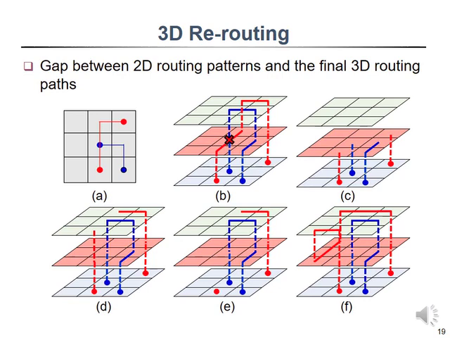Here is an example. There is a two-dimensional routing pattern in Figure A. If a conventional DP-based method is used as shown in Figure B, no matter which net is routed first, it must end up with one overflow. The overflow here is caused by the gap between 2D and 3D routing.